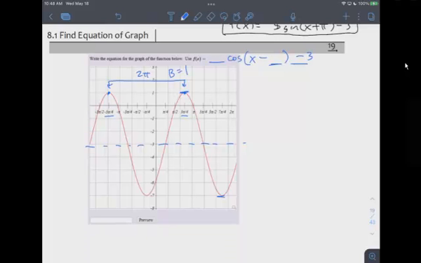Okay, and my amplitude is going to be the distance between the midline and my max or min. If my midline's a negative, I'll go to a negative. So negative 3 to negative 7 is a total distance of 4. So there's my amplitude. I'm not going to worry about the negative sign in front yet, because I'm going to use that in my next step here, which is the phase shift.